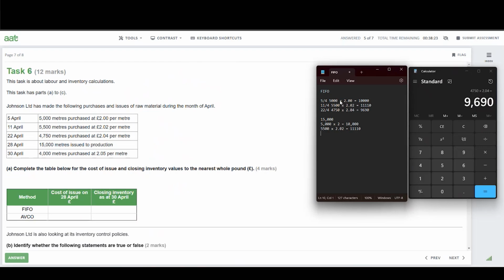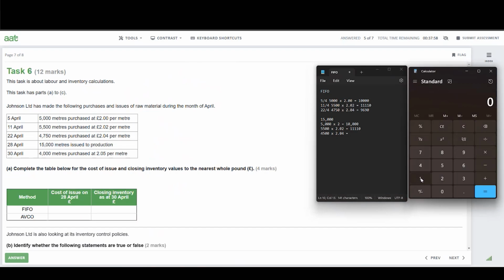So that means the remaining 4,500 units will be issued using the cost of £2.04. So we just need to recalculate that. We haven't got that calculation from before. Remember, we received 4,750 at £2.04, but we're only issuing 4,500 of those.